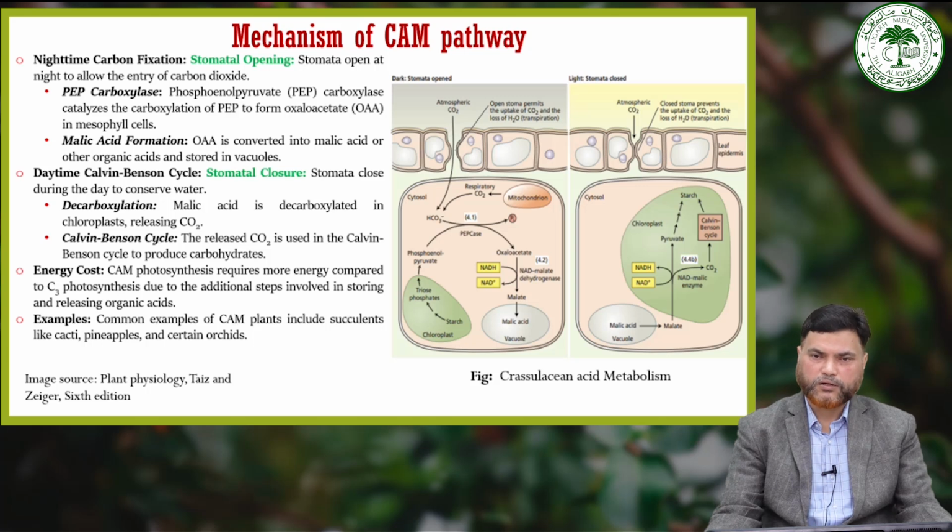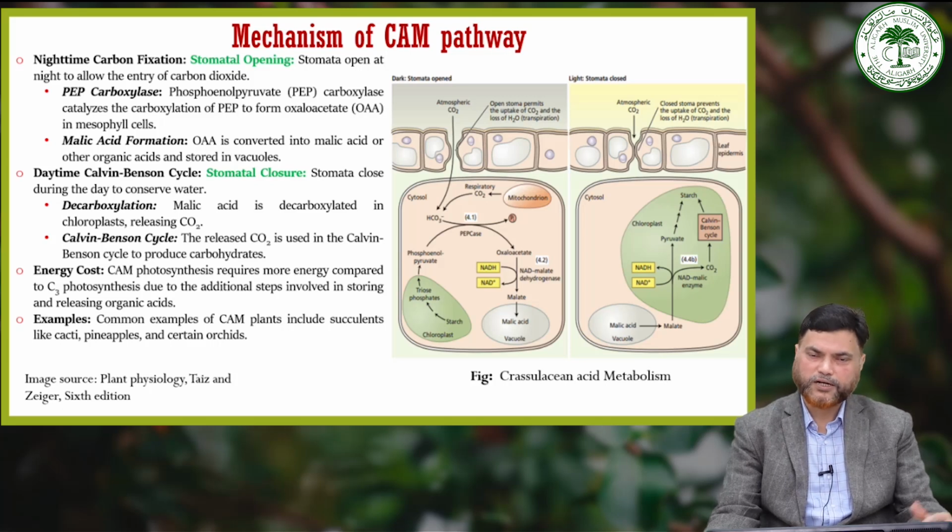When humidity levels are high during night and temperature are a little bit cooler or lower, CAM plants minimize water loss from their leaves. So this nocturnal opening of stomata reduces the risk of desiccation while allowing for uptake of carbon dioxide. So this is a very special mechanism.